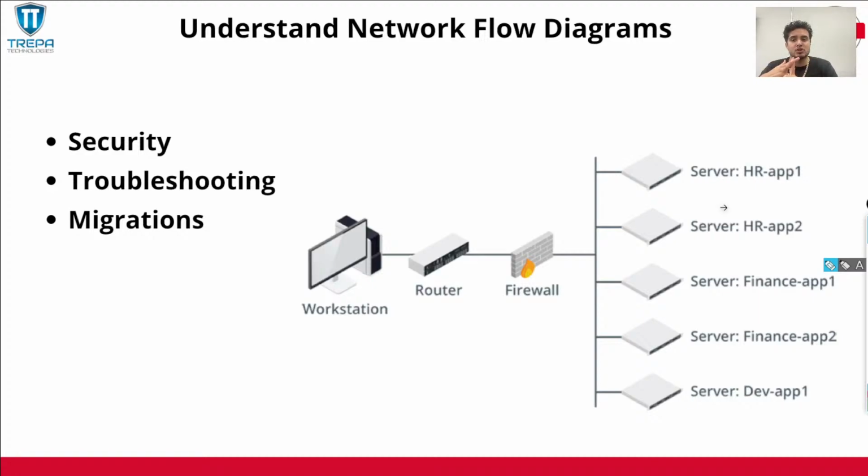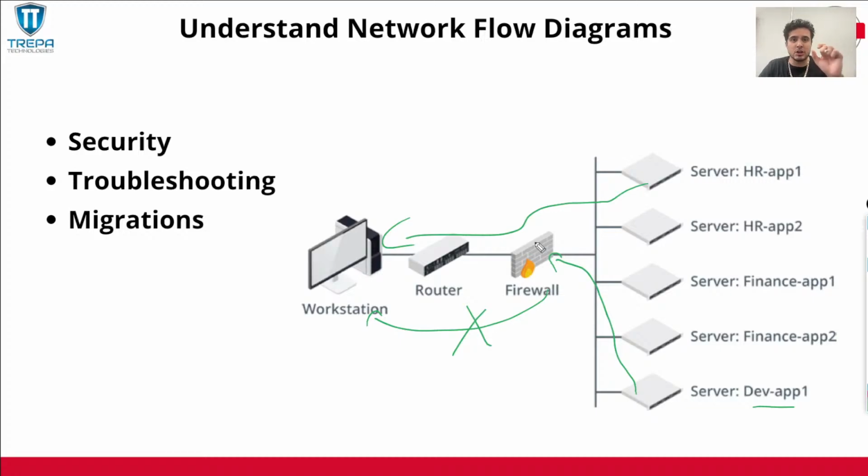It helps us troubleshoot. And this is an on-prem diagram, but if this dev app server can reach here, but can't go out to the workstation, but this HR can go all the way through, well, if we know it's getting stopped at the firewall, this network flow diagram helps us hone in on that.